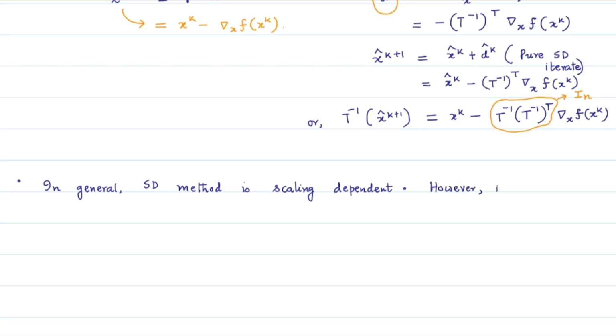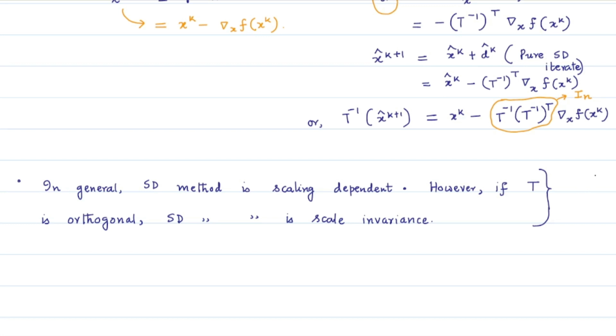However, if the transformation matrix T is orthogonal, the steepest descent method is independent of scaling of variables, or scale invariant. By this scaling dependence or scale invariance in these two sentences, we mean scaling of the argument variable x.